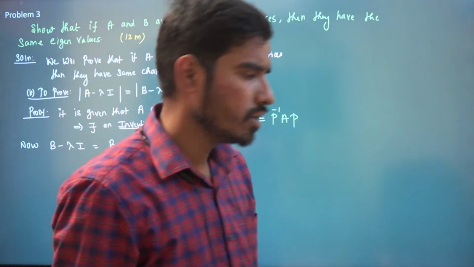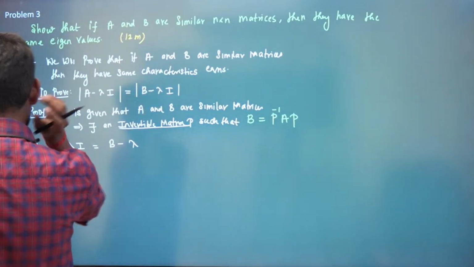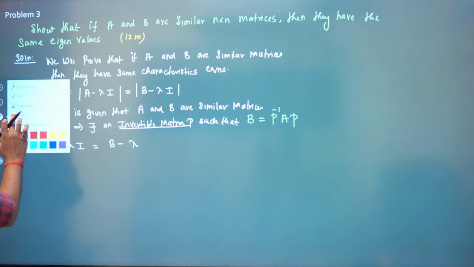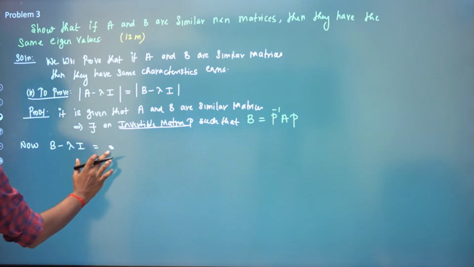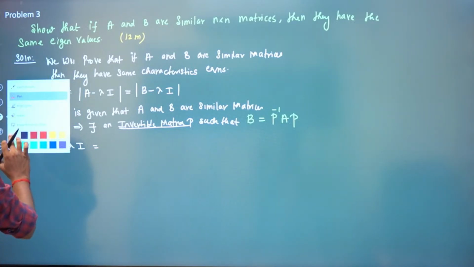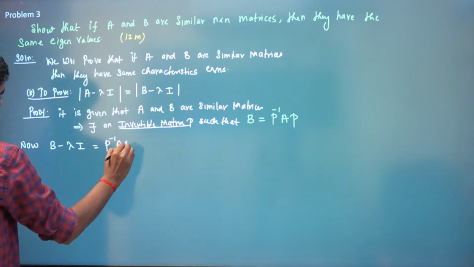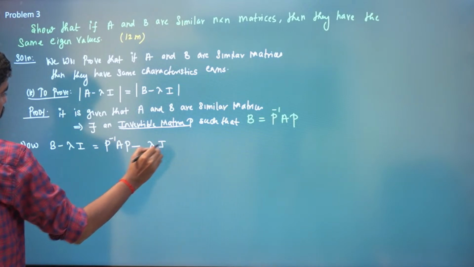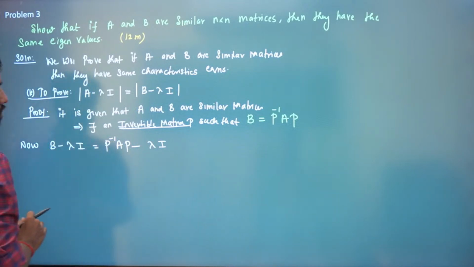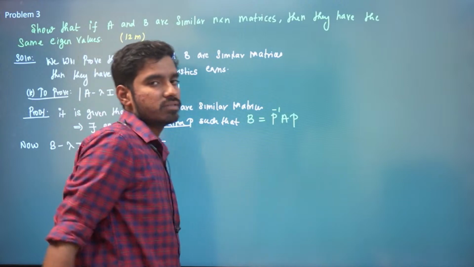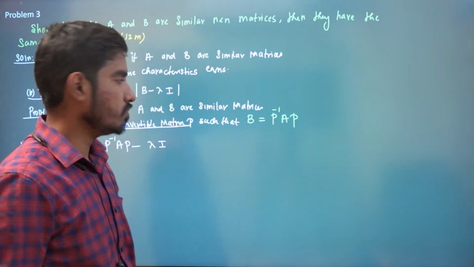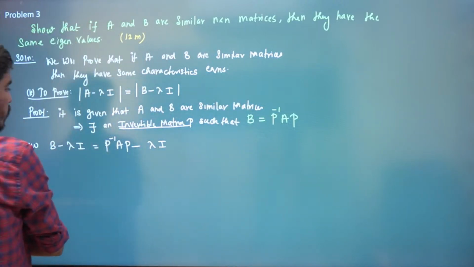Anything you can do, but I'll start with B minus lambda I. Now what is B? We know that B is P inverse AP, so B minus lambda I is P inverse AP minus lambda I. I just replace B with P inverse AP, because A and B are similar, meaning there exists an invertible matrix P such that B is equal to P inverse AP.